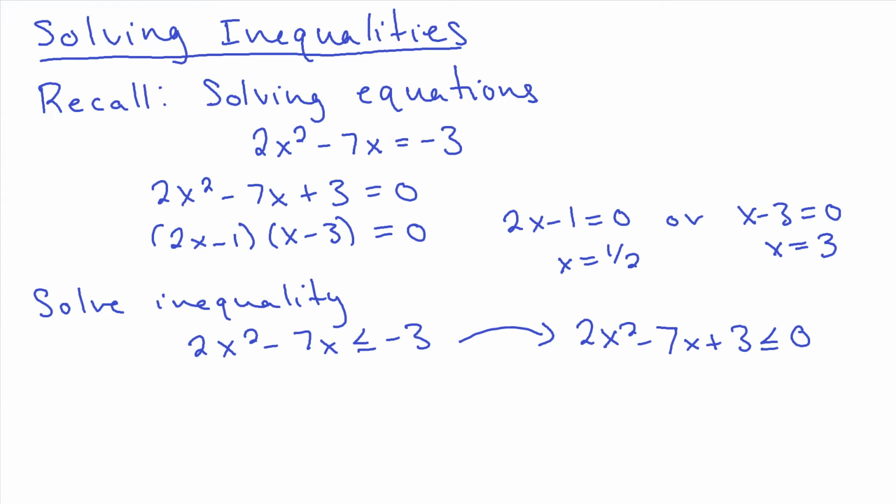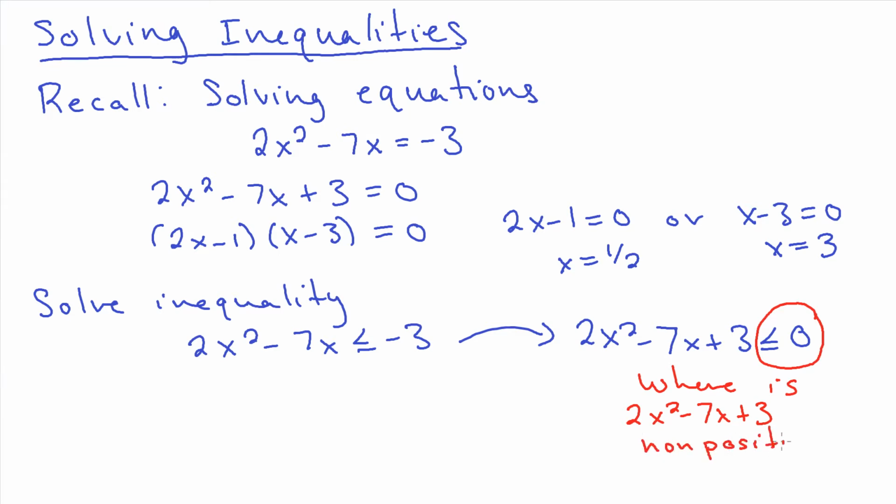It was useful for equalities, maybe it'll be useful for inequalities. The nice thing here is that then this becomes a question of where is this expression less than or equal to 0. So where is 2x squared minus 7x plus 3 non-positive? So either equal to 0 or less than 0.